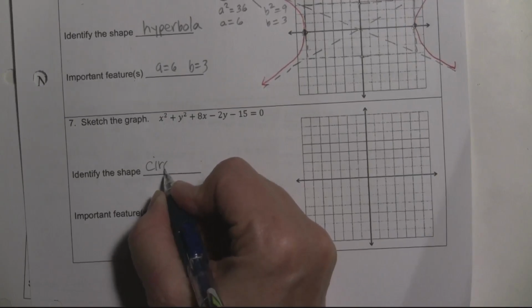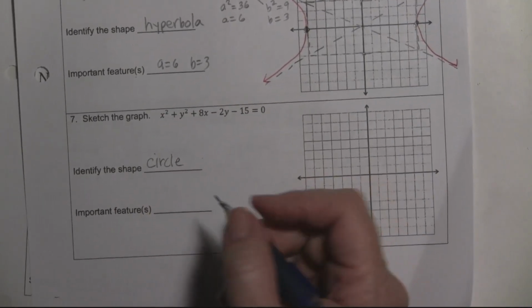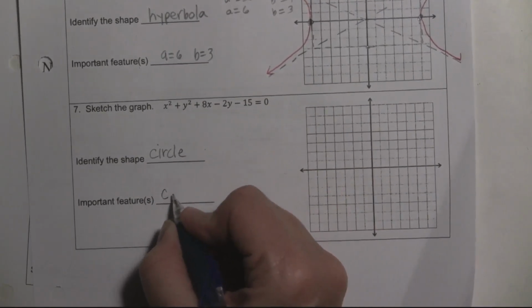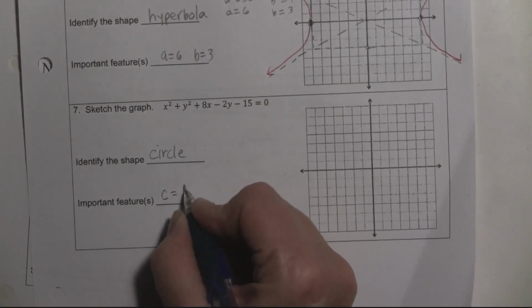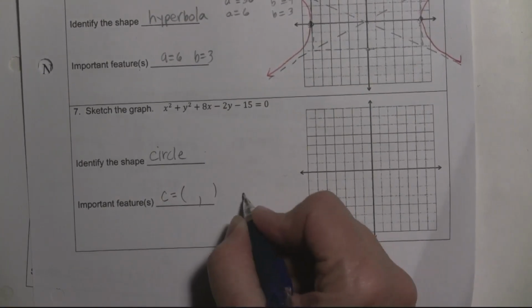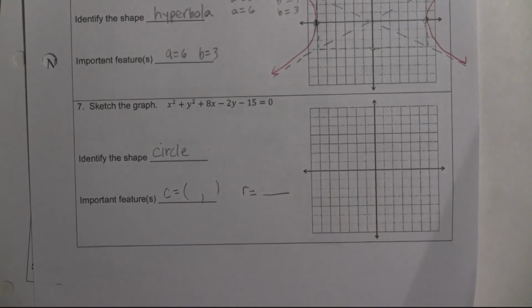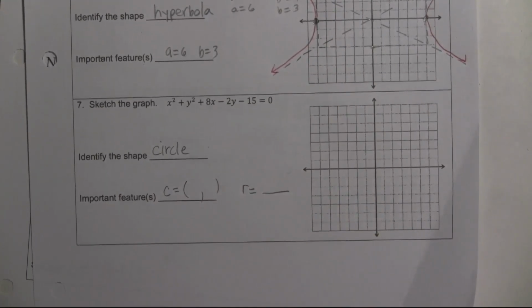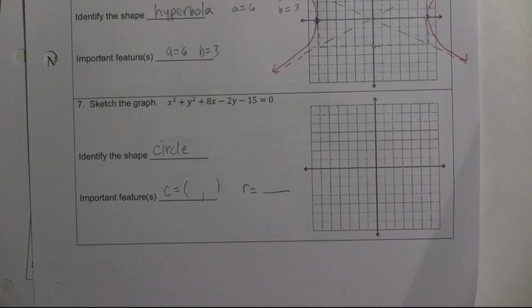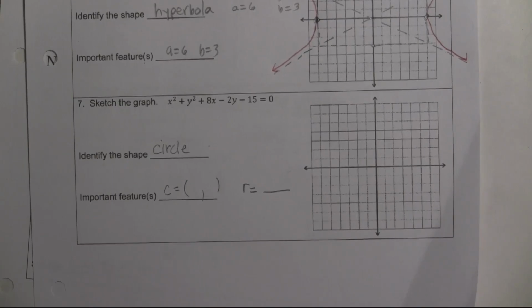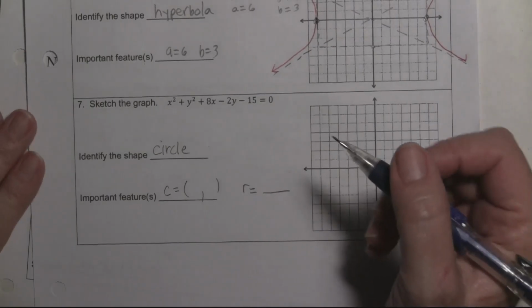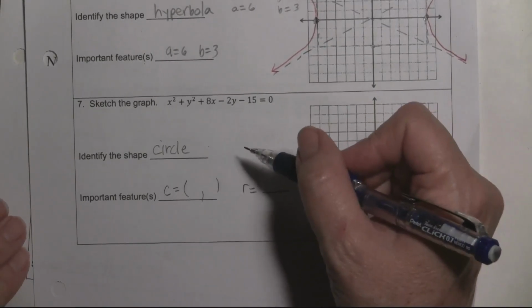Now, what a person needs to tell the world when they're trying to graph a circle is what the center is and what the radius is. And so I'm going to go find those things. I'm going to put that answer right there because I don't want to just tell people that you need to know the center. I want to tell them what the center is. And so in order to know the center, I feel like I need to have more room.